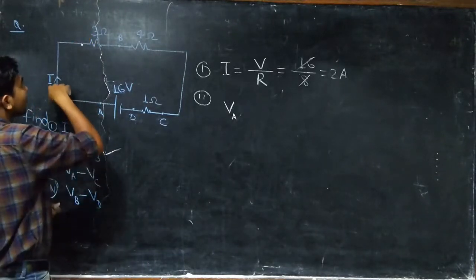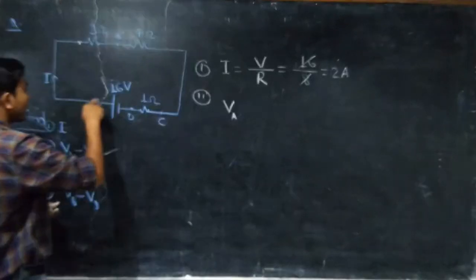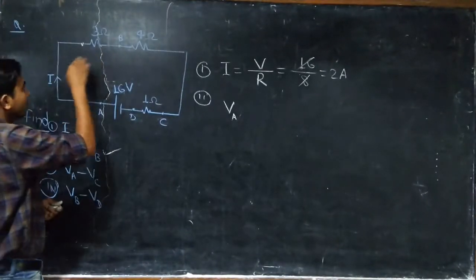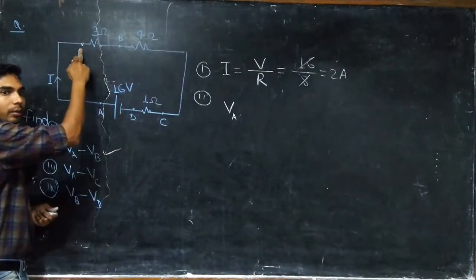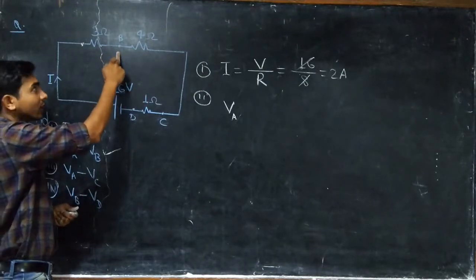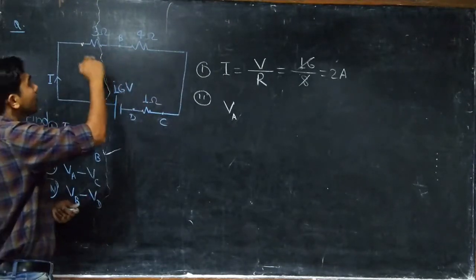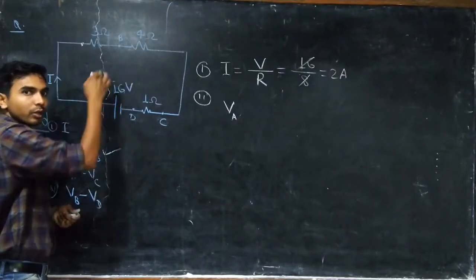But here we are moving along the direction of current, right? This is your direction of current, and this is at higher potential, and this is at lower potential. Current is flowing in this direction. So if we are moving from higher to lower, that means potential is decreasing.